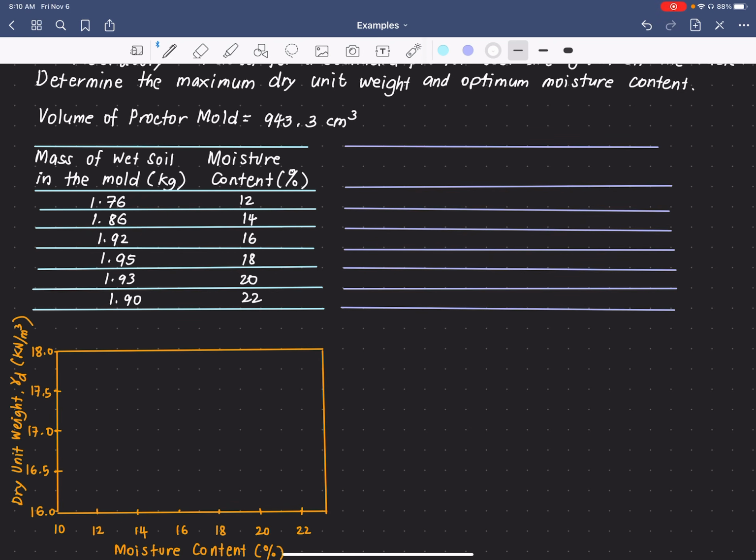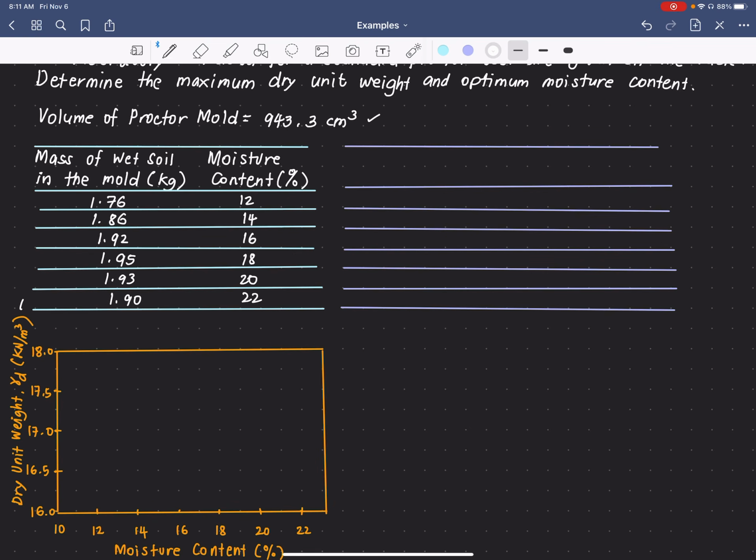But for our graph, the dry unit weight should be in kilonewton per cubic meter. And the given data is the mass of wet soil in kilograms. The volume is given, and so we can compute for the unit weight.